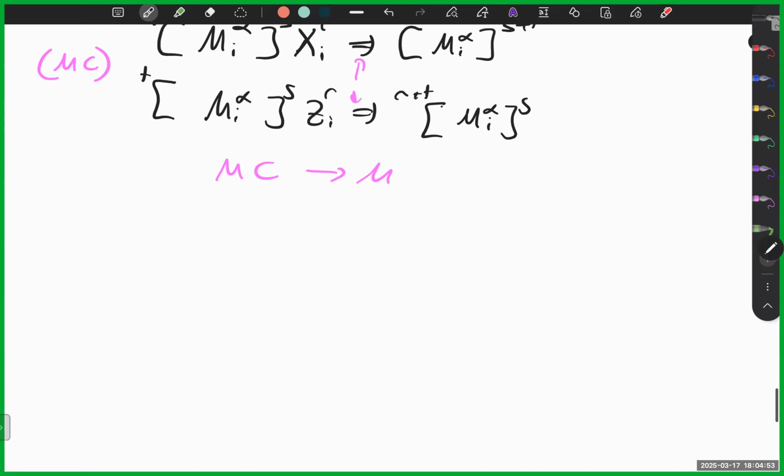And we also have the following, which are just the Clifford identities for the CZ gate.